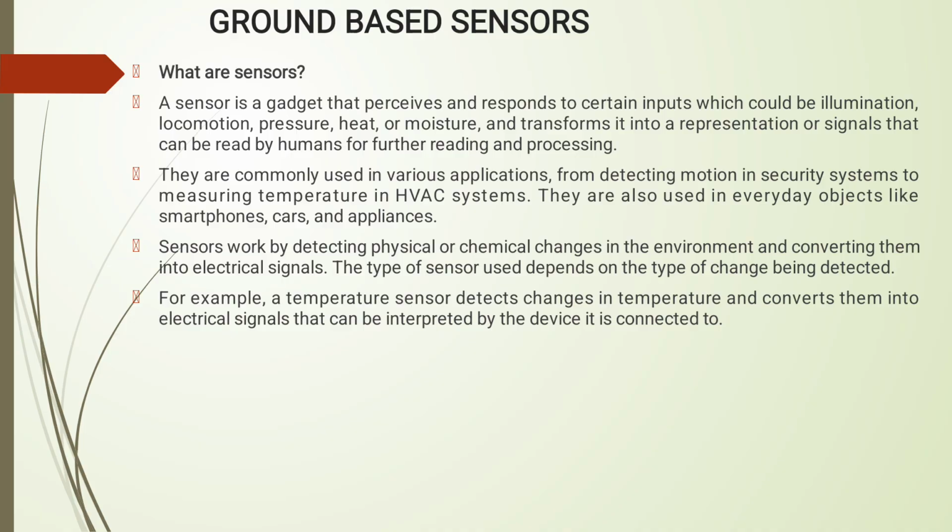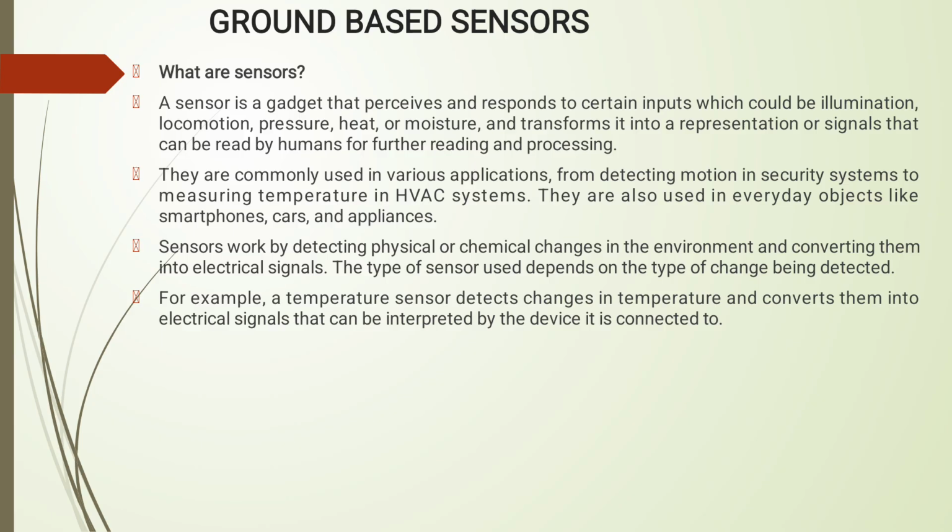They are commonly used in various applications, from detecting motion in security systems to measuring temperature in HVAC systems. They are also used in everyday objects like smartphones, cars and appliances.